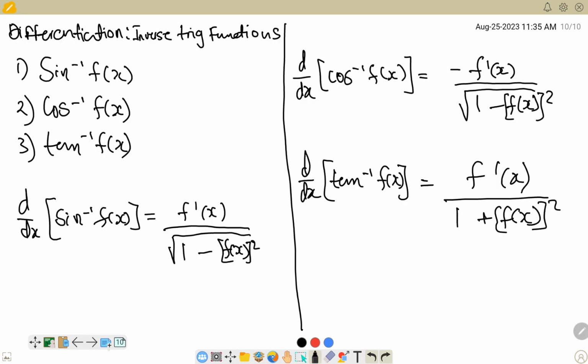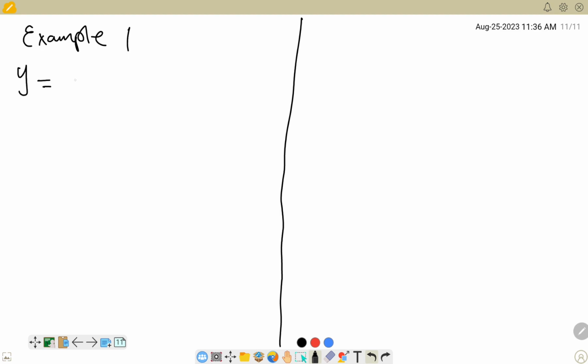So let's look at the first example, and we are still going to follow that order. Example 1, we can divide our screen. Example 1, we'll look at arcsine. y equals arcsine of 3x squared.